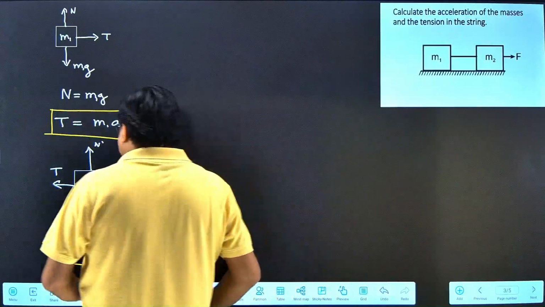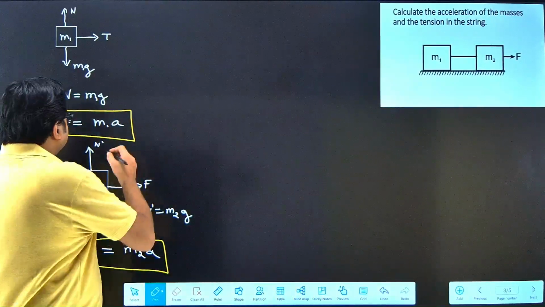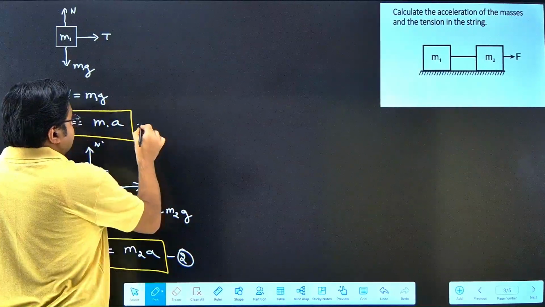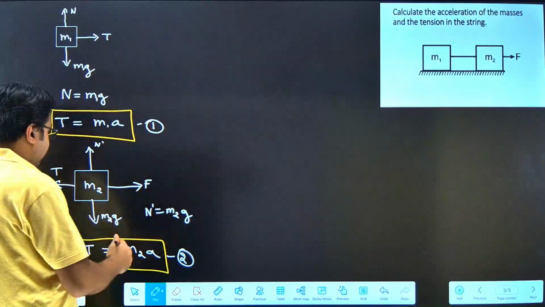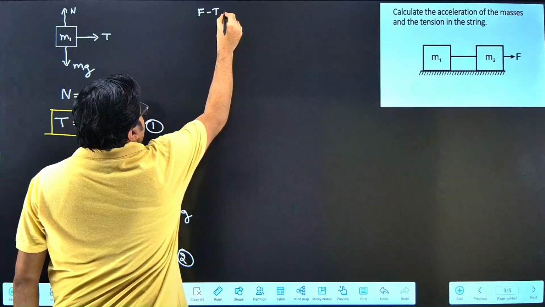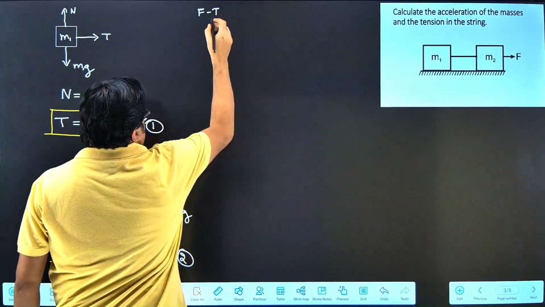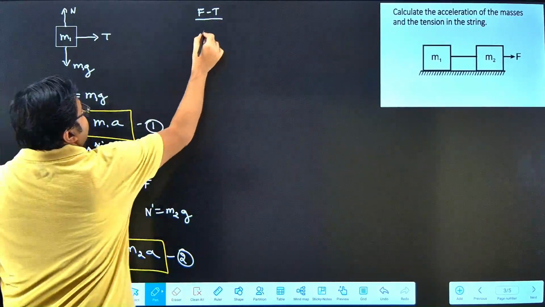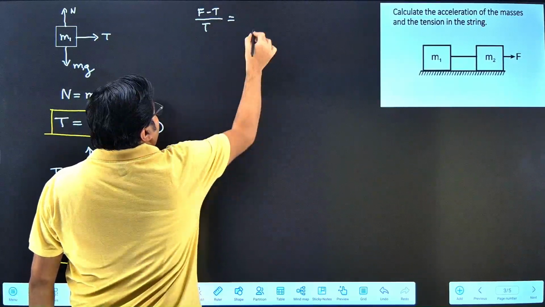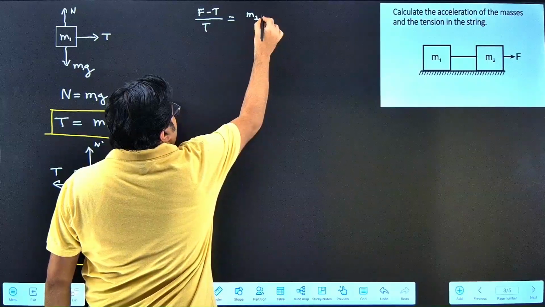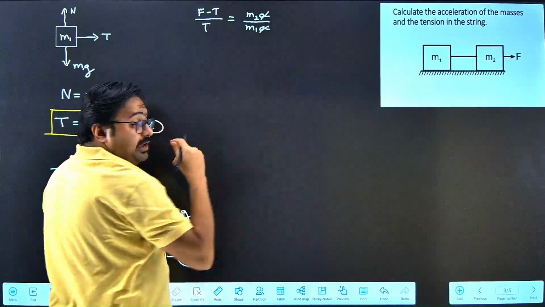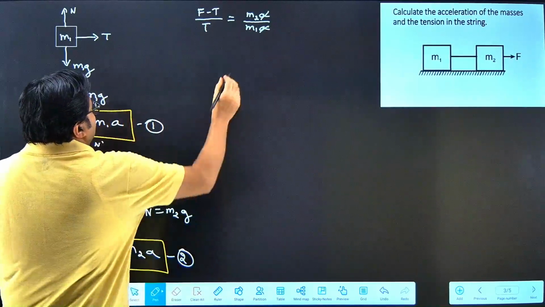Let's find tension first. You just divide both of these equations. If you divide equation 2 by equation 1, then what would happen is that F minus T divided by T would be equal to M2 multiplied by A divided by M1 multiplied by A. You see, A and A would get cancelled. Let's cross multiply.